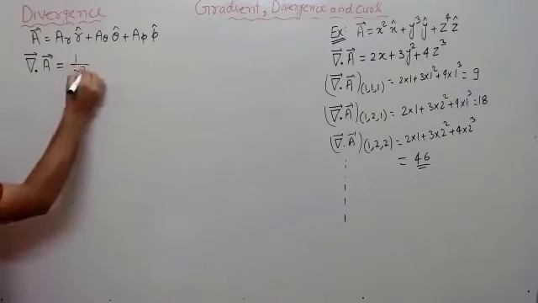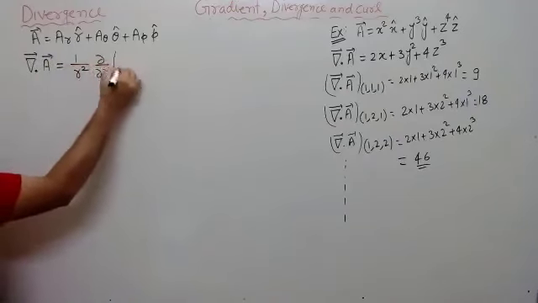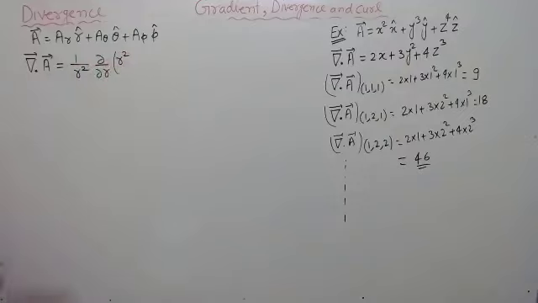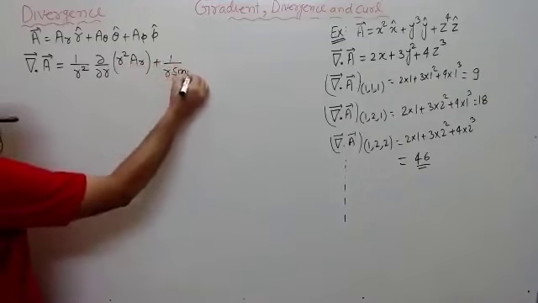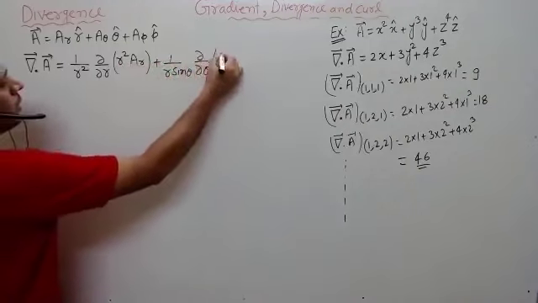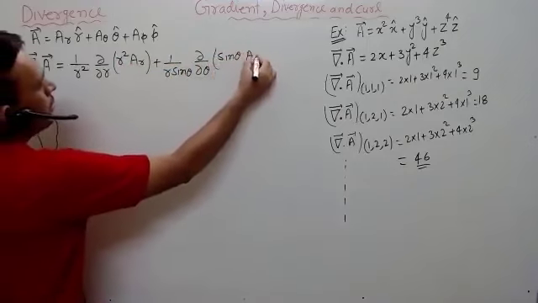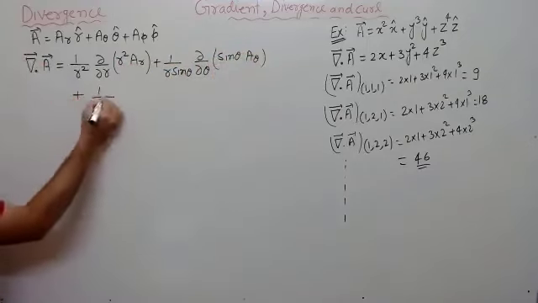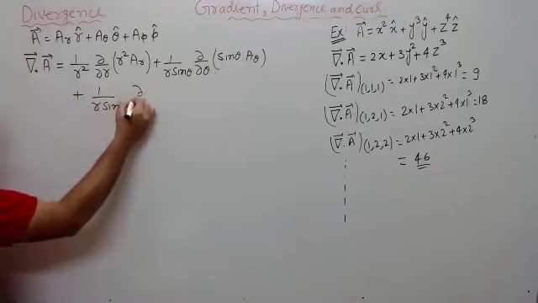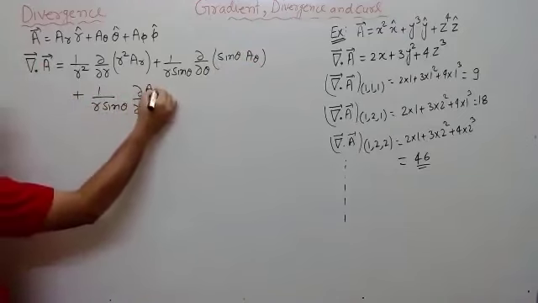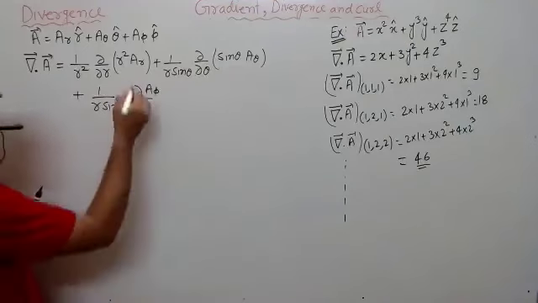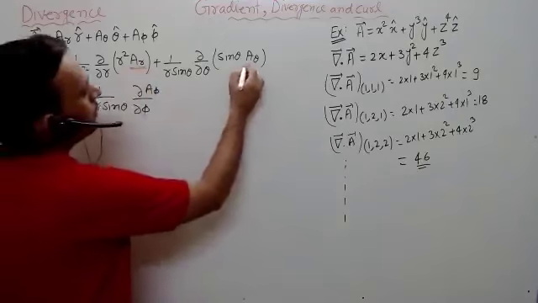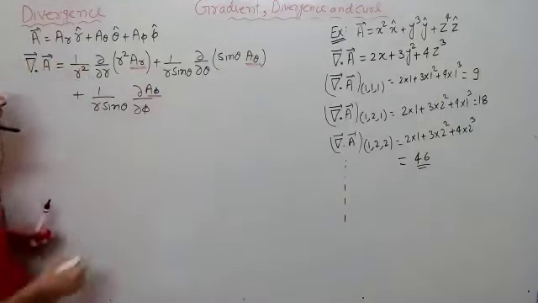So this is 1 by r square del by del r of r square into A_r, plus 1 by r sine theta del by del theta of sine theta into A theta, and last term is 1 by r sine theta del by del phi of A phi. So this is divergence of A, and in this formula you have to only substitute for A_r, A theta and A phi.